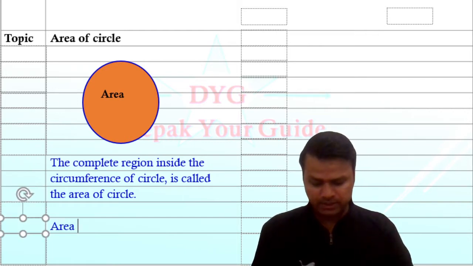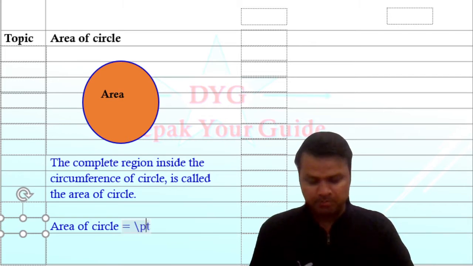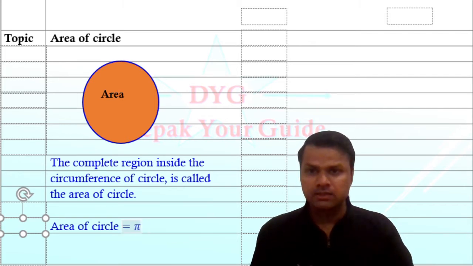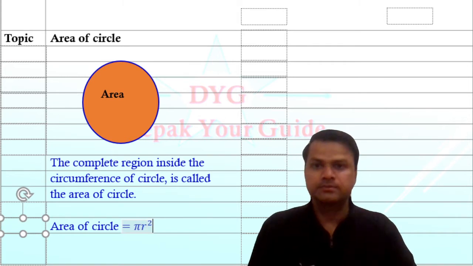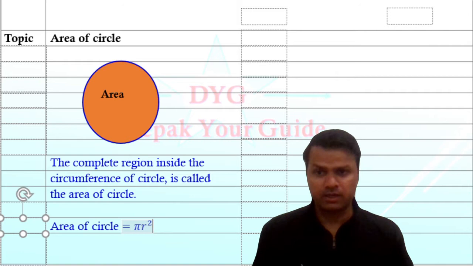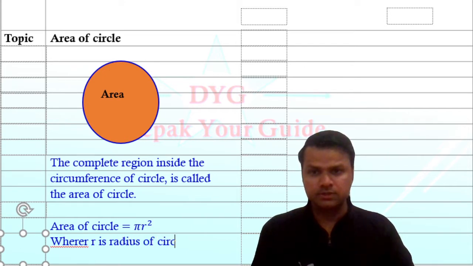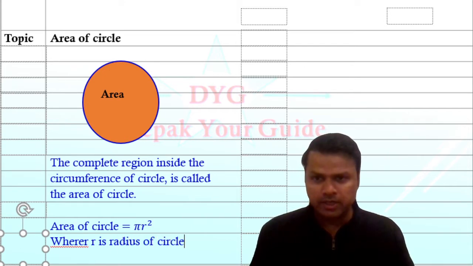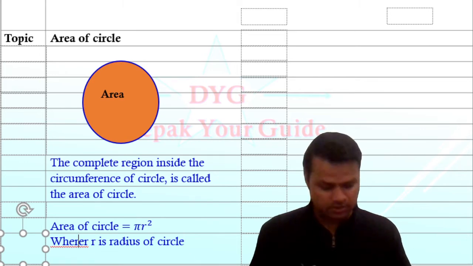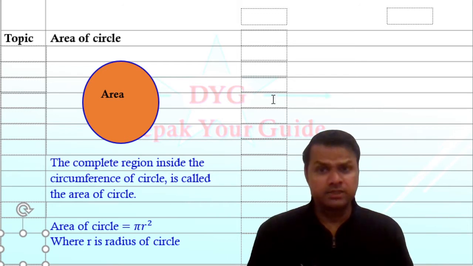So let's see, area of circle is equal to pi r square. I'm sure you know that r means the radius of the circle, where r is the radius of the circle.